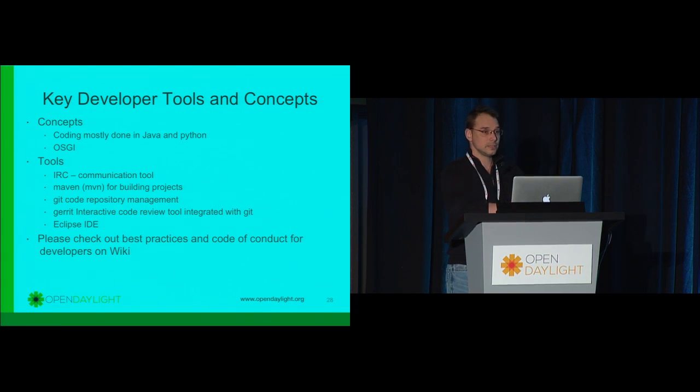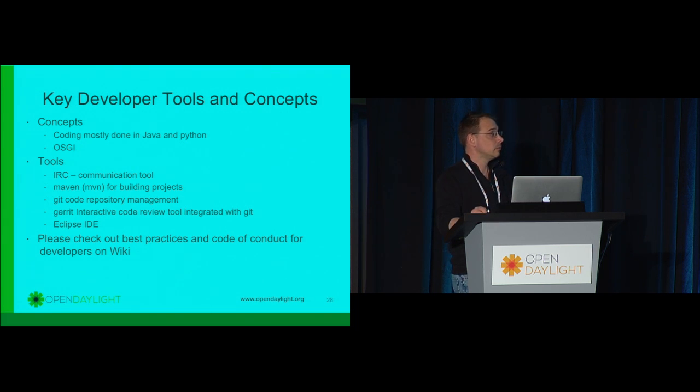Maven is the build manager. This is the build tool that's used to assemble the projects. Git is used as a code repository. Git is where we store the code and manage the code versioning, as well as Gerrit, which is used for code review and diffs, changes, and so on.